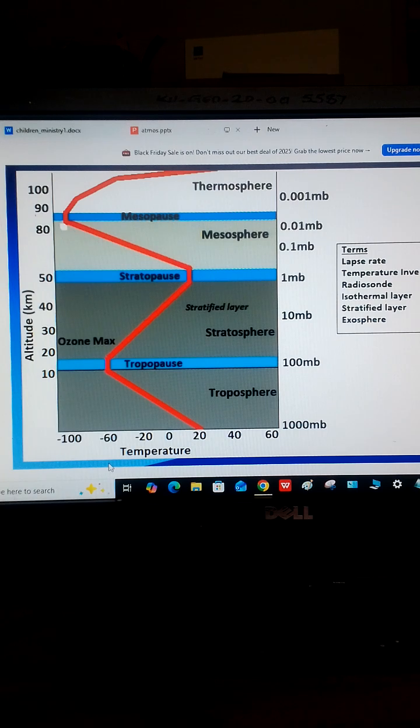Now, air temperature decreases from the surface of the earth up to about 11 kilometers, because the atmosphere is heated from below.